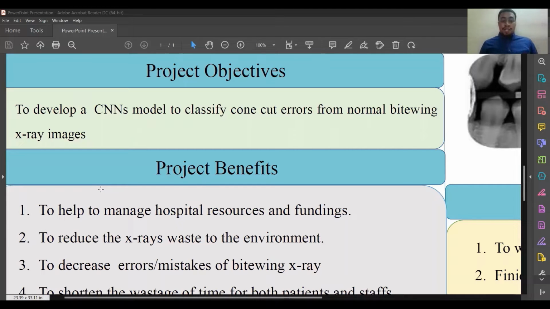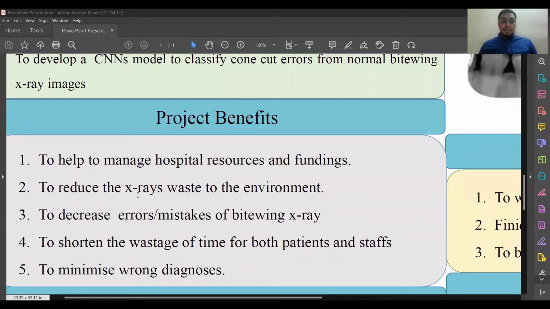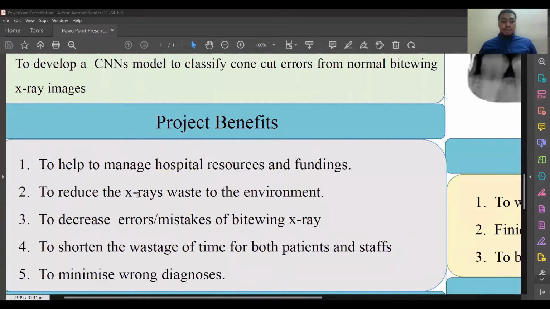Moving on to the next point, which is the project benefits. In this project, we will get many benefits. Among them, it will help to manage the hospital resources and funding, and also help to reduce the X-ray waste to the environment.